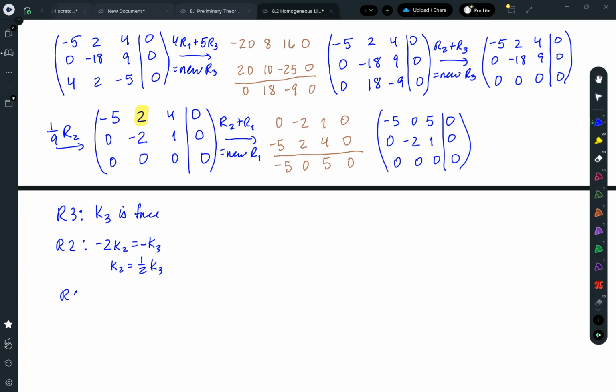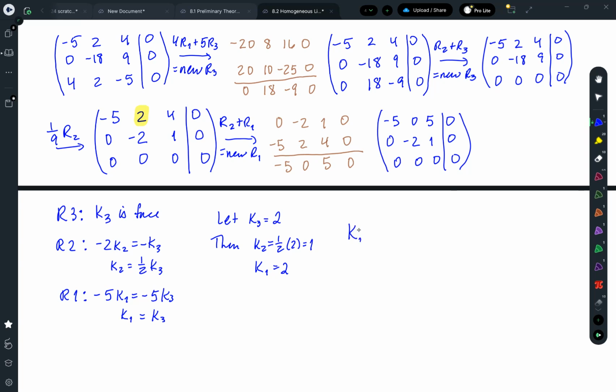Row 1 is saying negative 5 K1 is equal to negative 5 K3, which means K1 is equal to K3. So I am going to let K3 equal 2 for convenience, okay? And then K2 will equal 1/2 times 2, which is 1, and K1 will equal 2, since it's equal to K3.